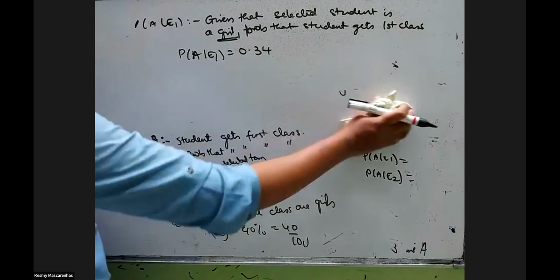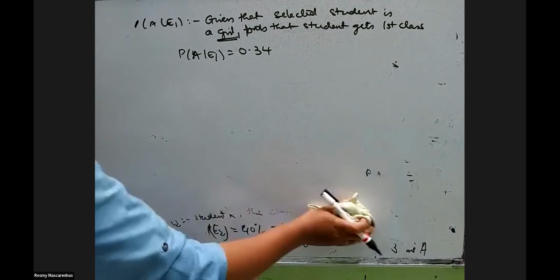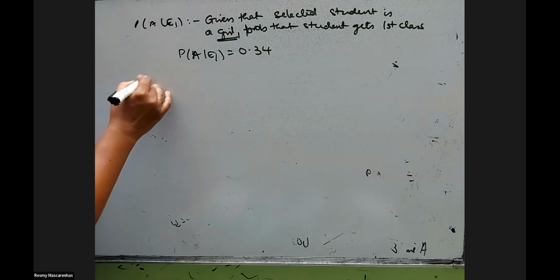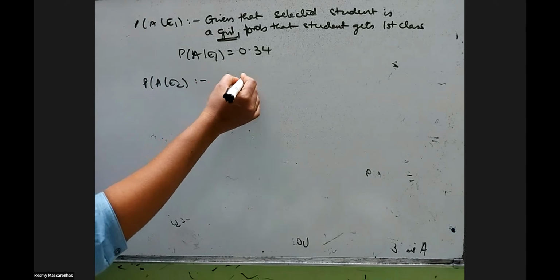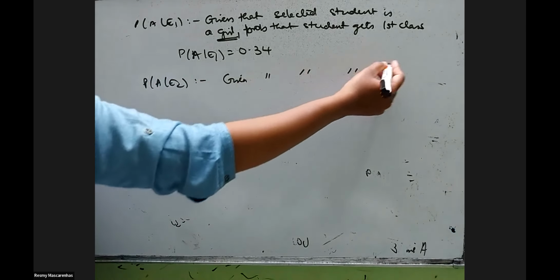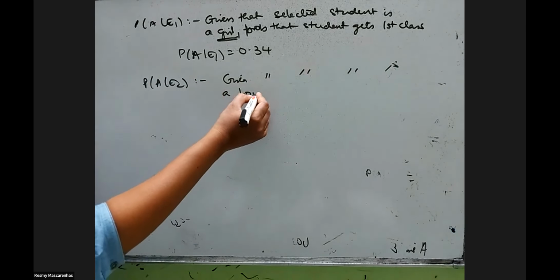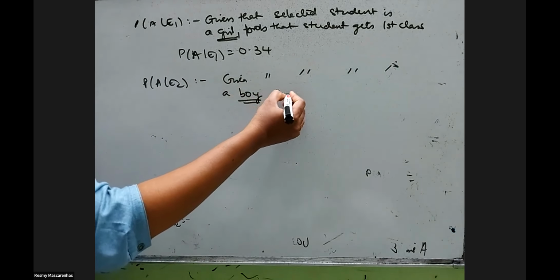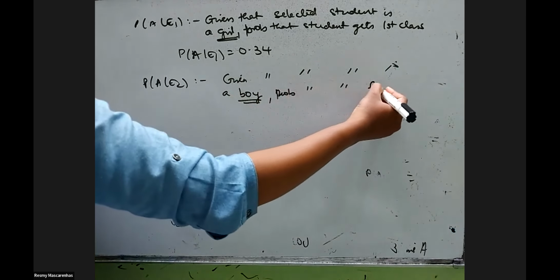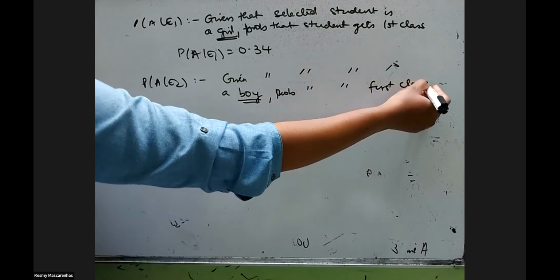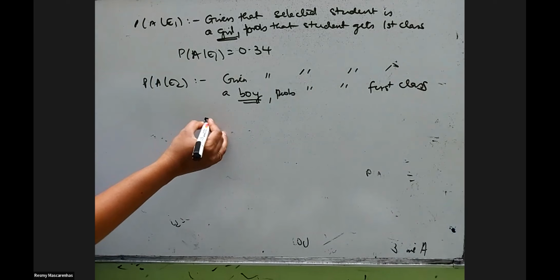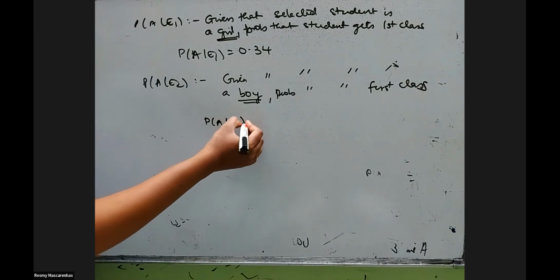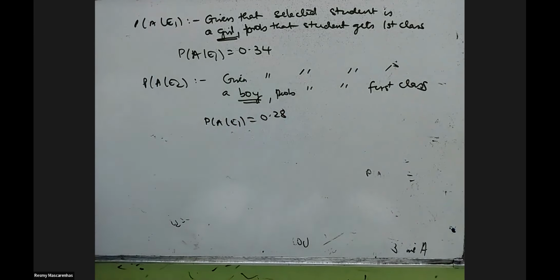Same way, find P of A upon E2. Given that, same thing: if you select a boy, what are the chances that he will get first class? That is given as 0.28. This is given in the question.